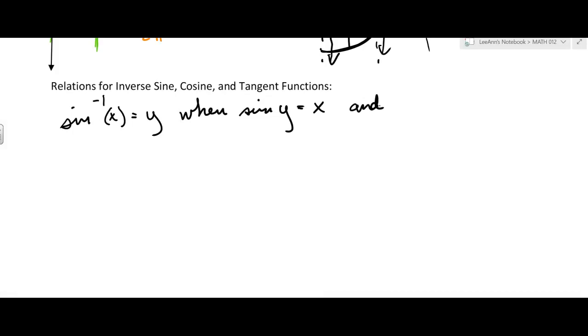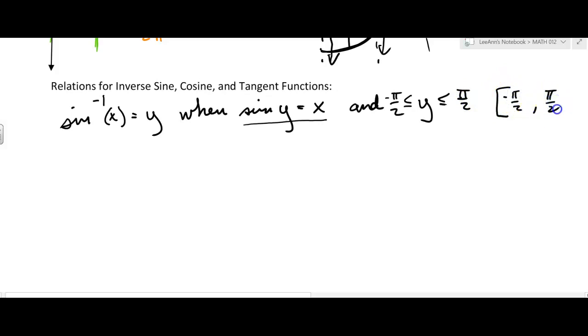So if you have sine y equaling x and y is between, well, I wanted to write it with the interval notation, and y is greater than or equal to negative pi over 2 and less than or equal to pi over 2. And that's the interval for negative pi over 2 and pi over 2.